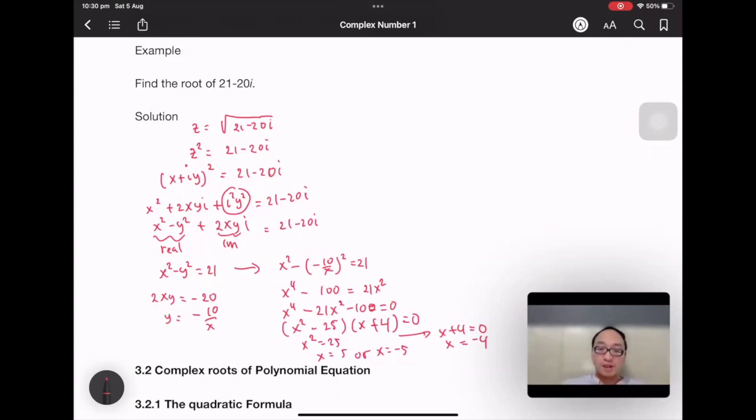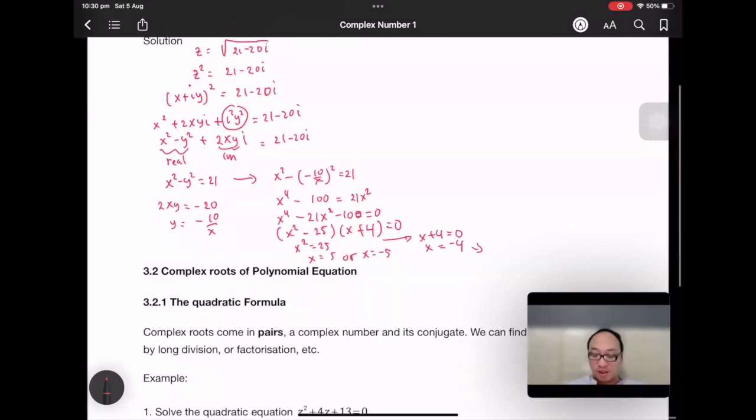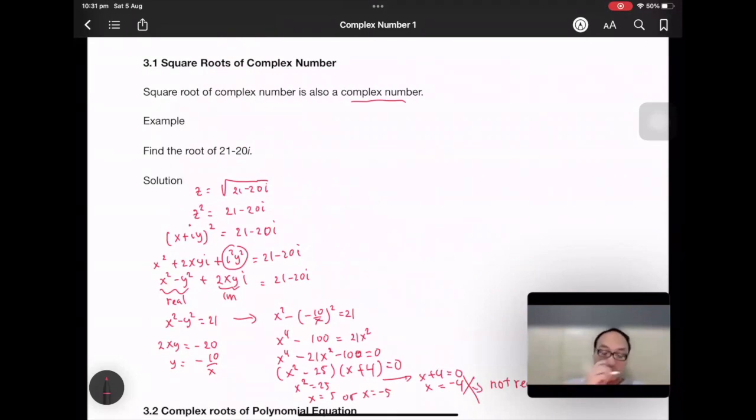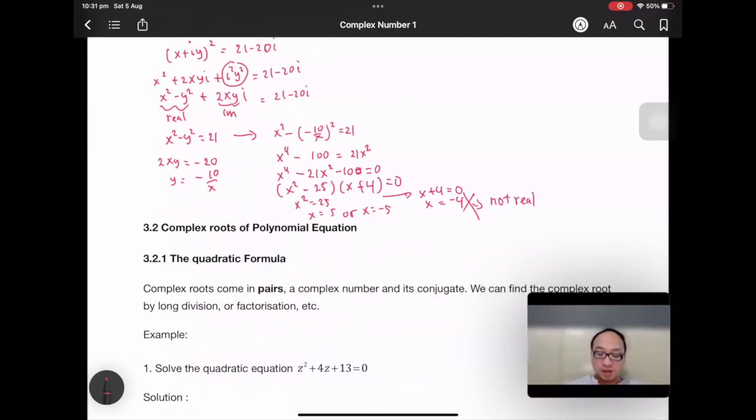In this case, this is non-real, so we can ignore this, because x and y here should be real numbers. When you have z equals x plus iy, both x and y should be real. So that means we can work on this.